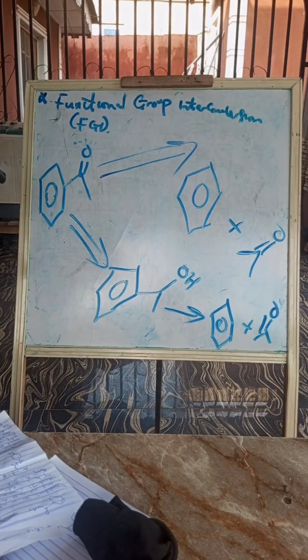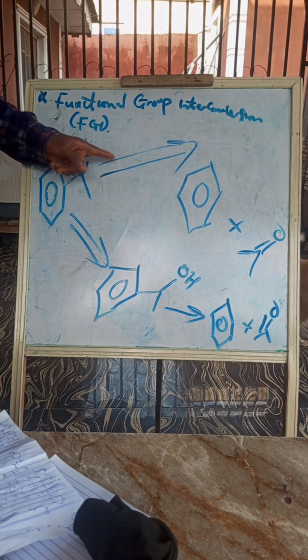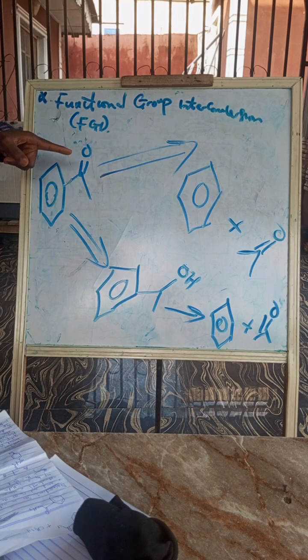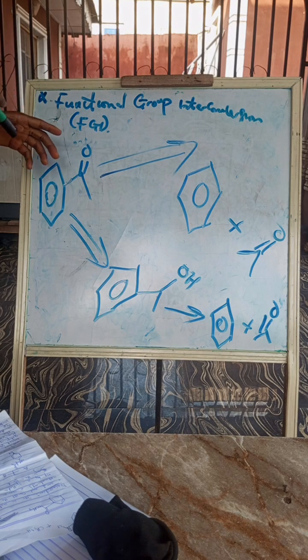So now, for this reaction, acetophenone, when we talk about acetone in the first place, acetone means propanone. So now, the structure combined together here, we have what is called acetophenone.